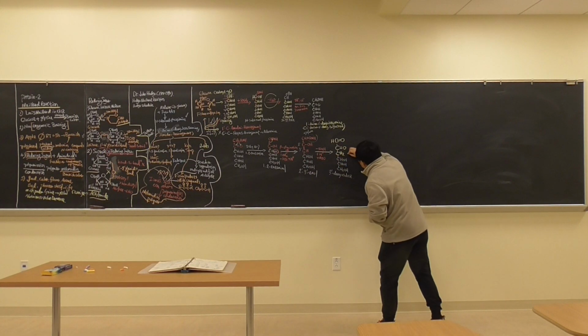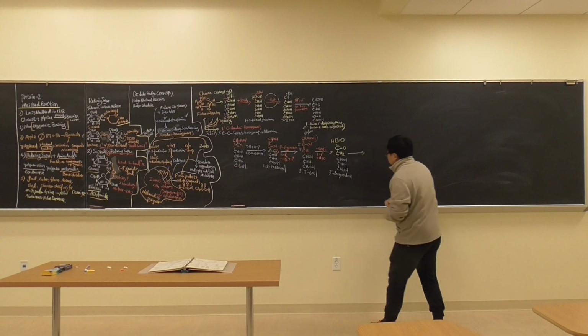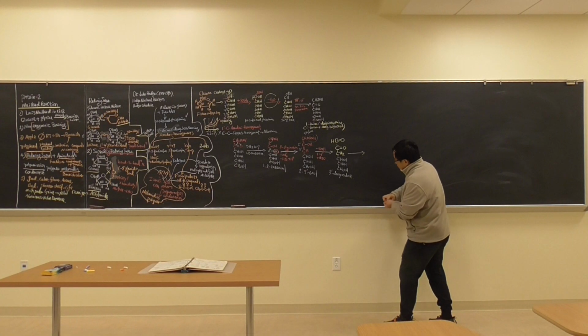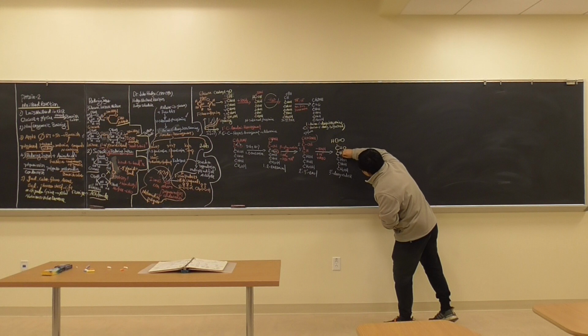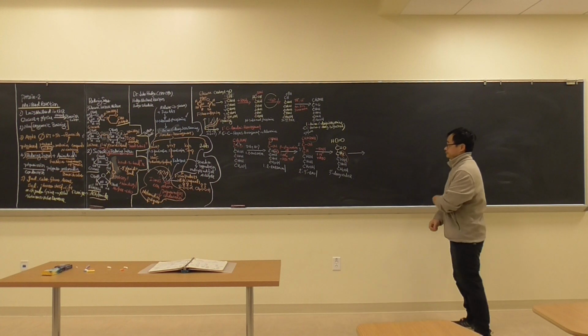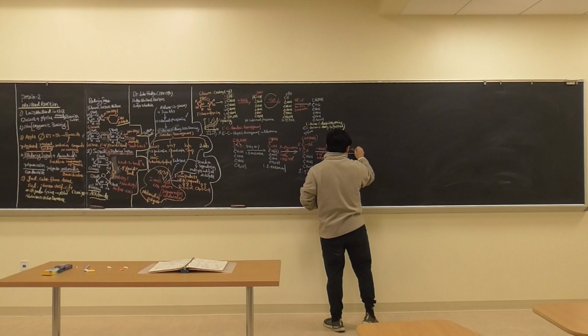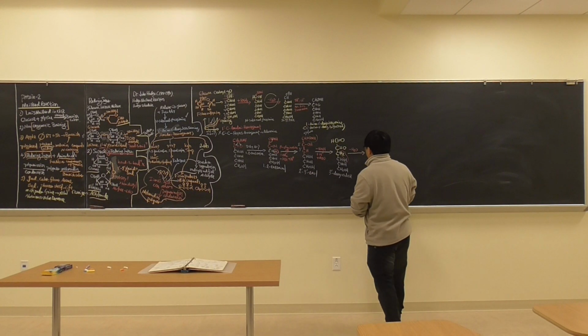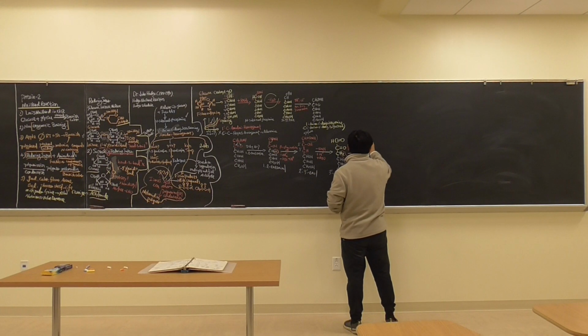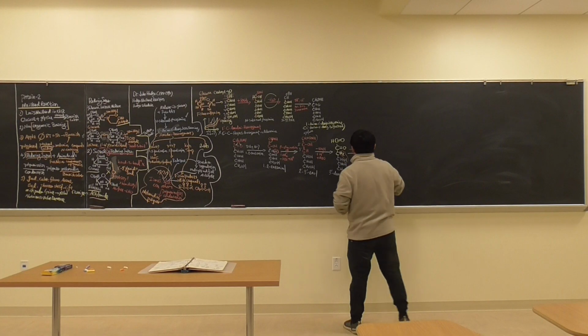Okay, now this is going to lose water. It happens right here, so water is going to go. Now what does the structure look like? This is a simple aldehyde group.